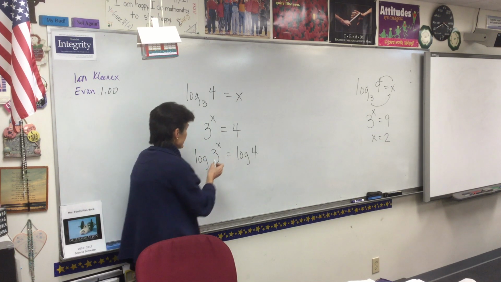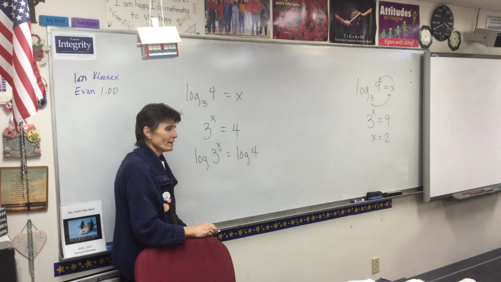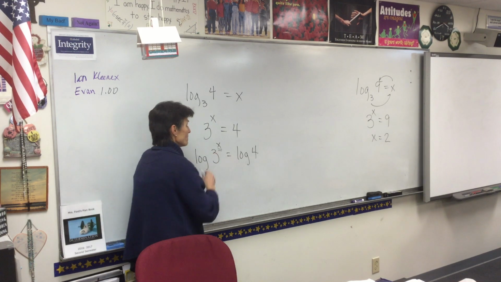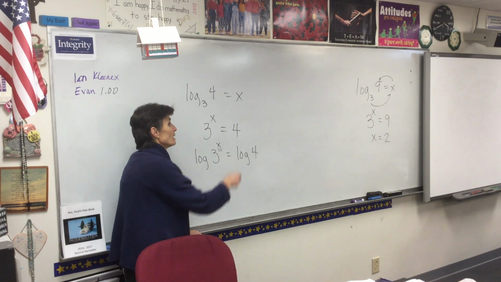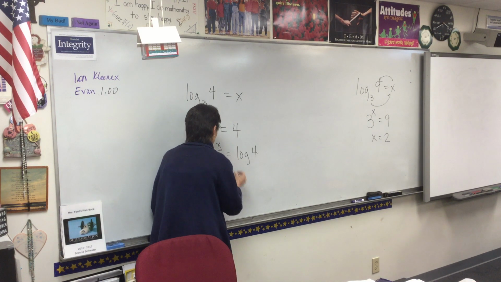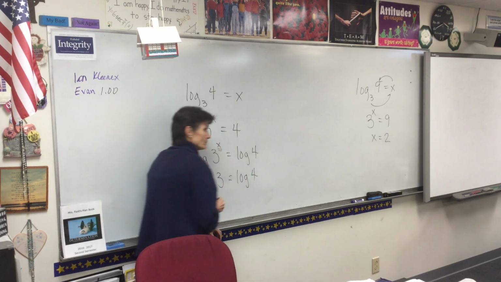Now, see this? That's an exponent. What can I do with it when it's part of a logarithm expression? It becomes a coefficient. So now it says x log 3 equals log 4.